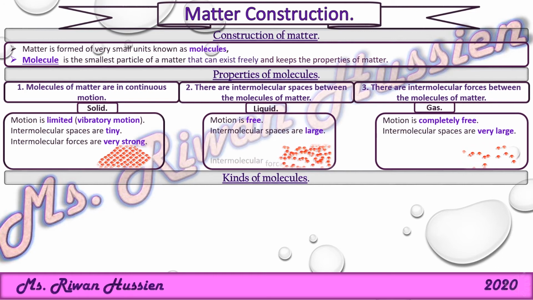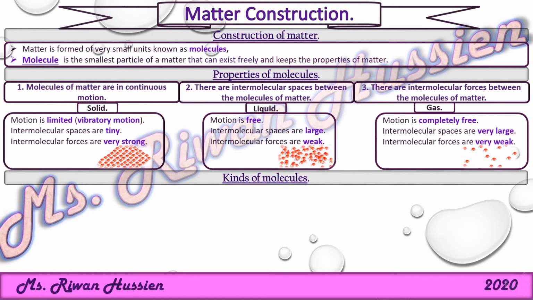The intermolecular forces between the liquid molecules are weak. The intermolecular forces between the gaseous molecules are very weak. And we've defined the intermolecular forces as the forces that bind the matter molecules together.